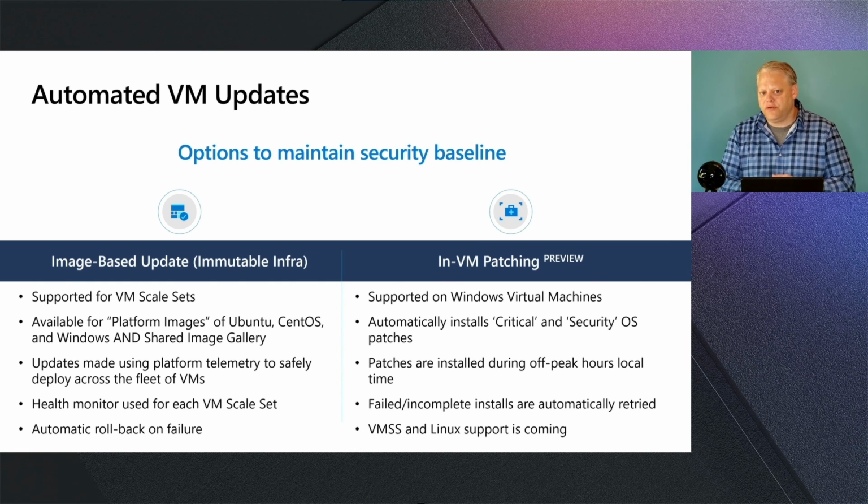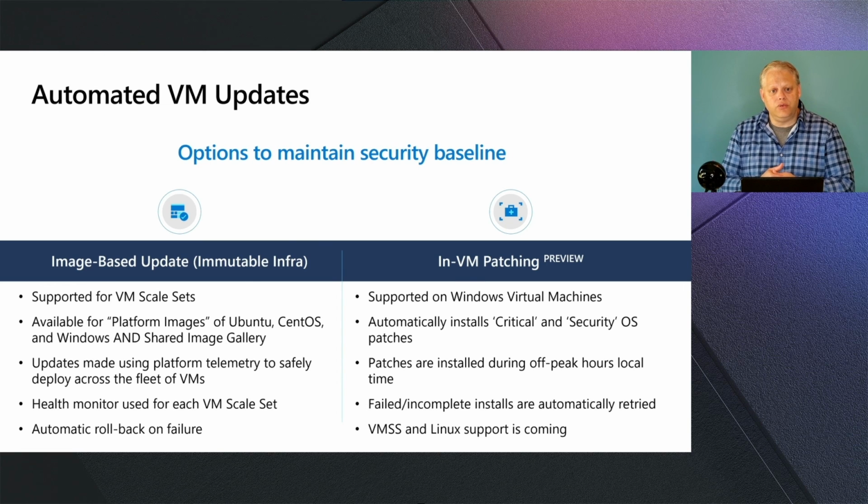But we've also heard from many of you customers that you want to do updates within the virtual machine using patching capabilities built into the operating system, such as Windows Update for Windows virtual machines. So we are announcing this week in preview VM patching, starting with Windows. And as you see below, we'll continue to add Linux and VM scale sets going forward.